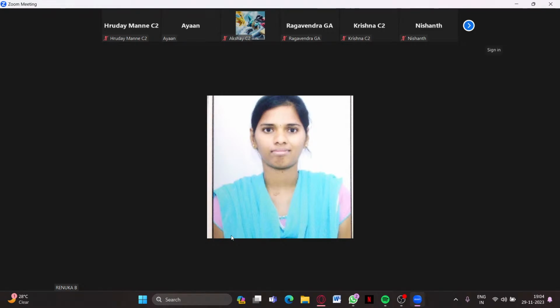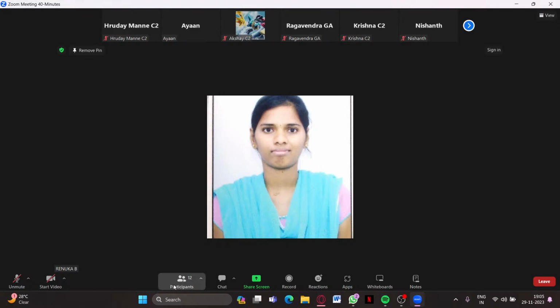Just see the examples given in your textbook for the third rule. See here, in B, the lowest sum rule. Two methyl groups are there, no? They are attached to the third as well as the fourth carbon. What is the sum of the locants? 3 plus 4 is equal to 7.